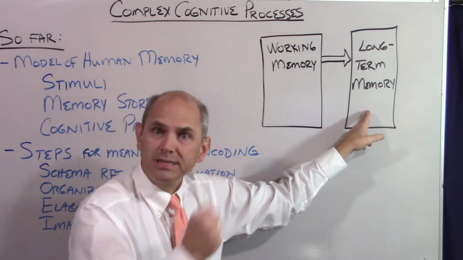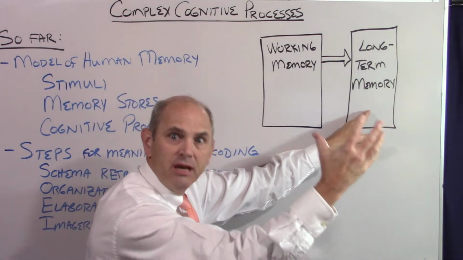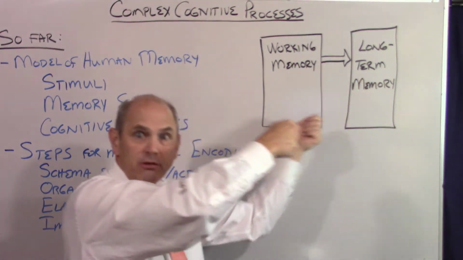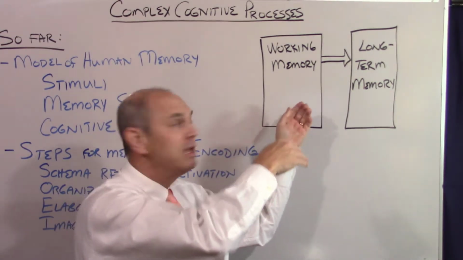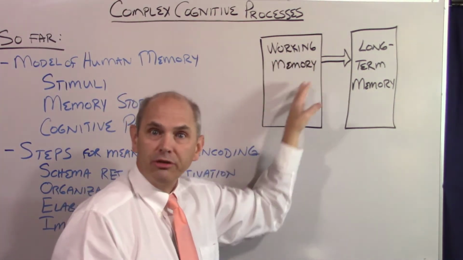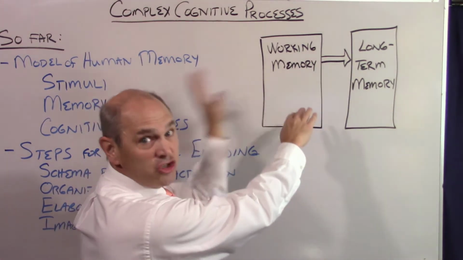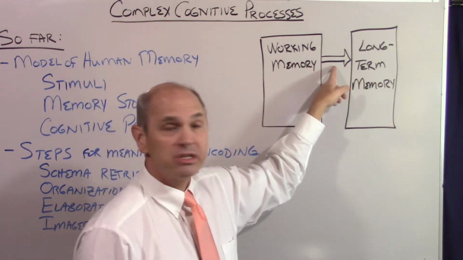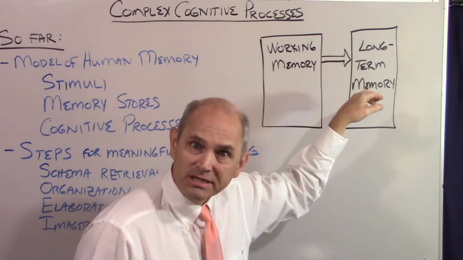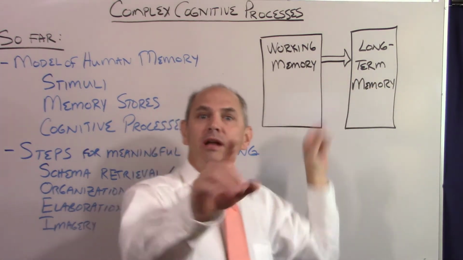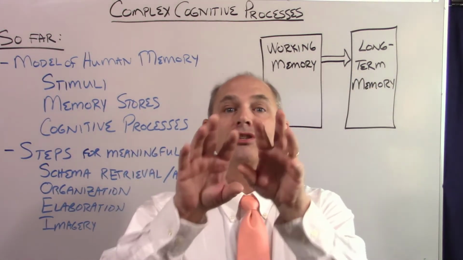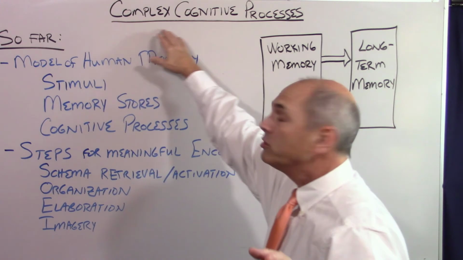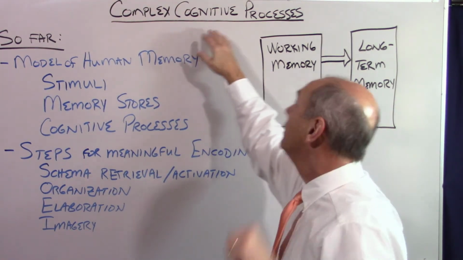Long-term memory holds the schema, and the process that we go through of schema building is that process of retrieval from long-term memory, and then rehearsal within working memory, and the addition of new content, and then the encoding, which is this arrow, the encoding of this information into long-term memory. Now let's take all of this and use that as a starting place, and we'll go from here to build this notion of complex cognitive processes.